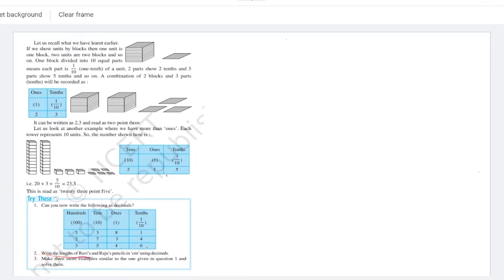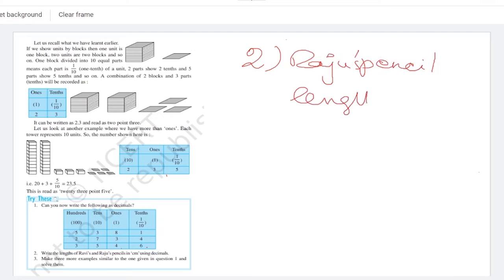Write the length of Ravi's and Raju's pencil in centimeters using decimals. So what was the length of Raju's pencil? Raju's pencil length is equal to 8 centimeters 3 millimeters.